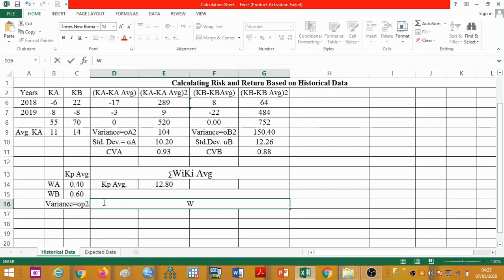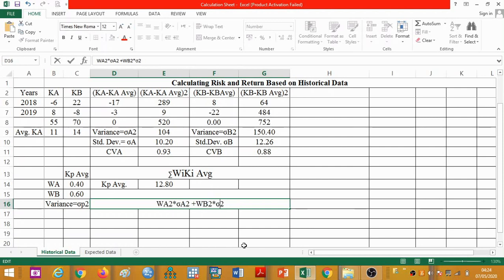That is equal to WA square and sigma A square. Control C, WA square sigma A square, multiply by sigma A square, obviously. Plus WB square sigma B square, multiply by sigma B square.